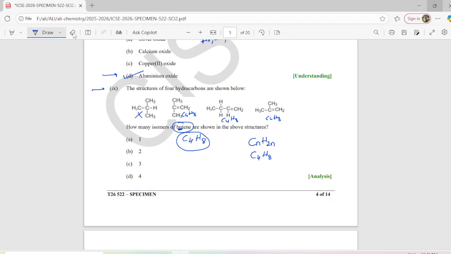You can see 1, 2, 3 are there, but actually this structure and this structure both are the same. So these two structures show only one compound, and this is a different compound. So there are two isomers of butene shown in this diagram.